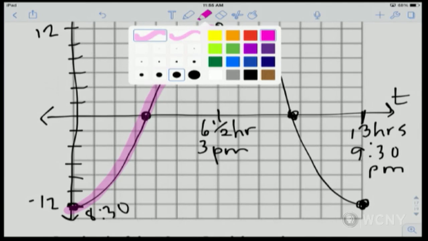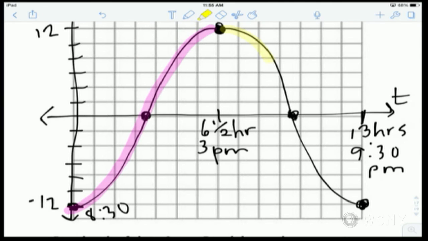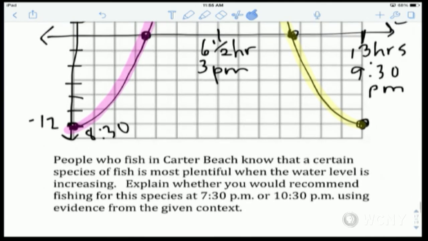And then your tide is decreasing from 3 p.m. until 9:30 p.m. Our choices are either 7:30 p.m. or 10:30. Well, 7:30 is in here somewhere, so that's no good. That's decreasing.